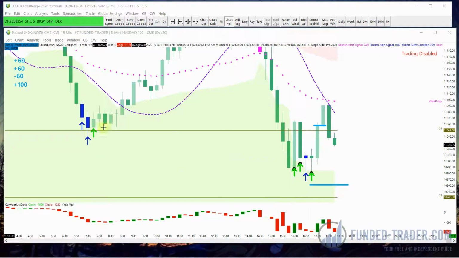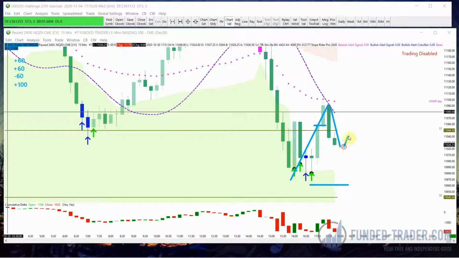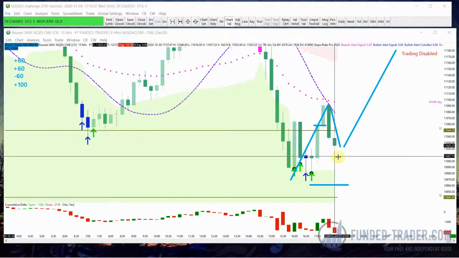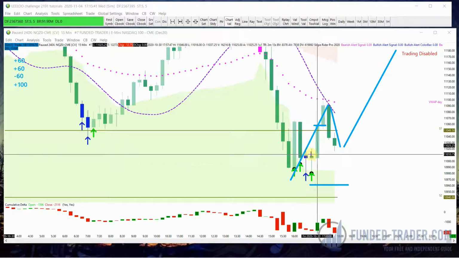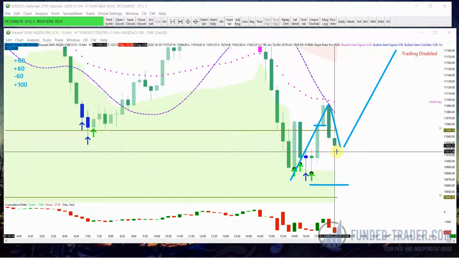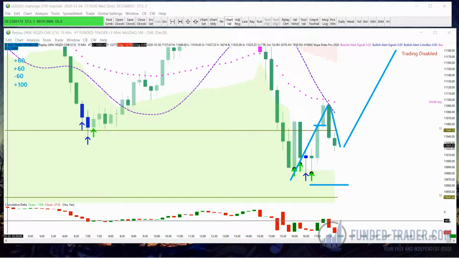A rotation for an ABC is only maximum to half of it. It is moving a lot, but that could be your second entry. Okay, this rotation here, that's your chance to enter again, to scale in.